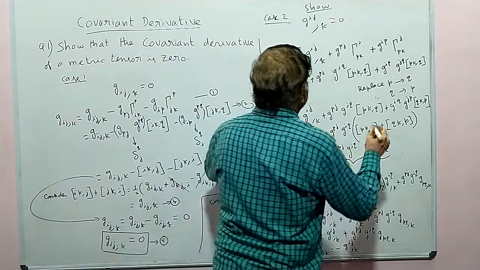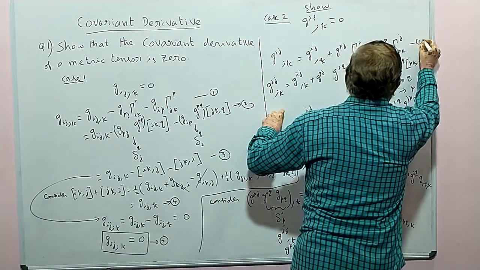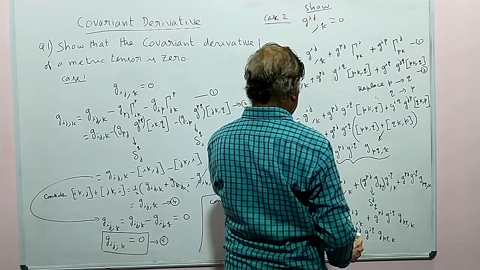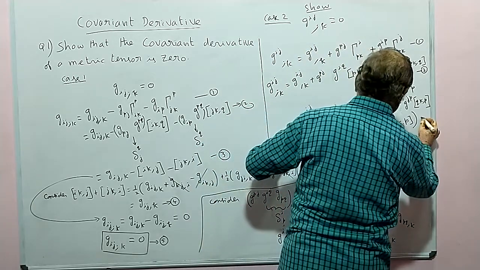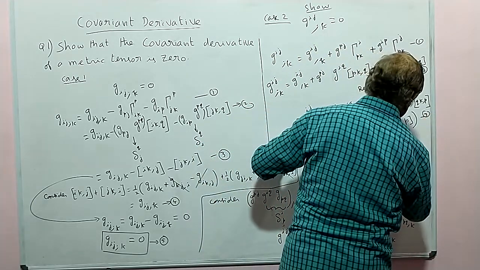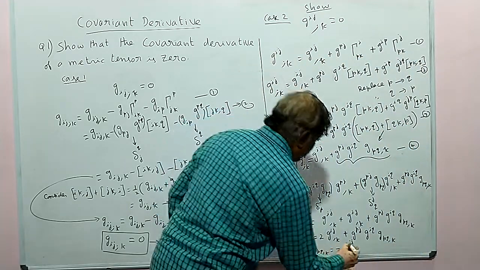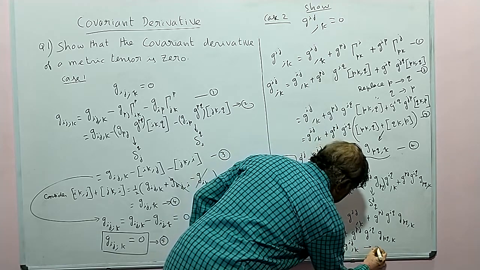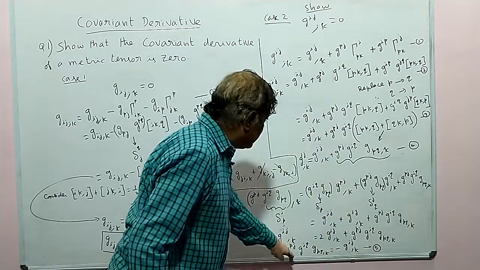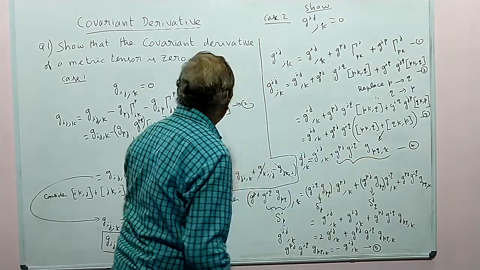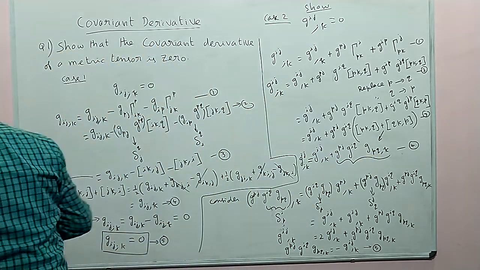So if we take this as equation 1 and this as equation 2 and this as equation 3 and this as equation 4, and finally you have equation 5. Now substitute this term in equation 4. So substitute equation 4 in 5.